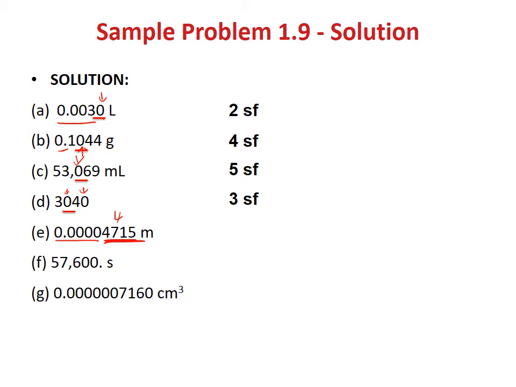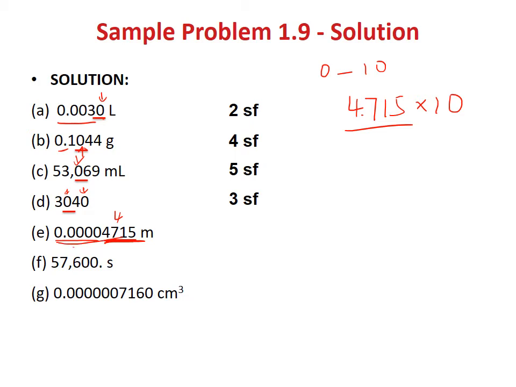Now to write the scientific notation, we only write a number from 1 to 10, and so you cannot write 4,715. Instead, you should write 4.715. It must be between 0 and 10, and this number is between 0 and 10. And then you multiply by 10 to a certain power to represent the decimal.